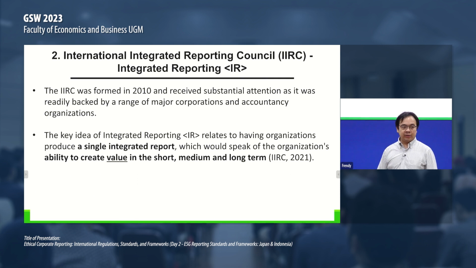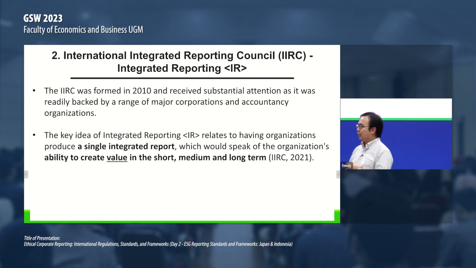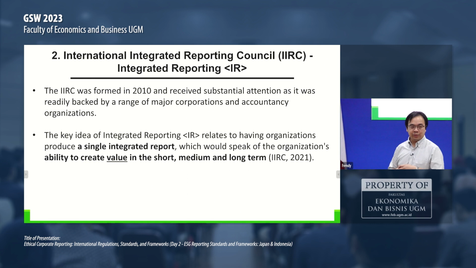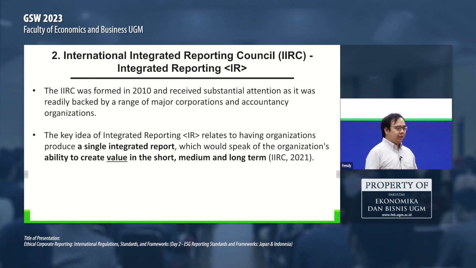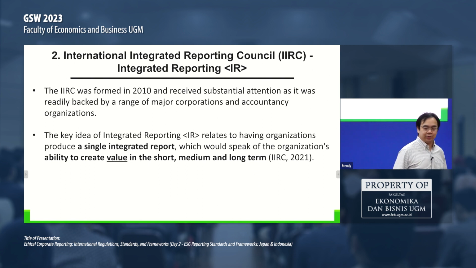So integrated report was developed by an organization called IRC, International Integrated Reporting Council, and it was formed in 2010. So slightly newer standards compared to GRI. Okay, but it has gained some traction in some companies and countries.